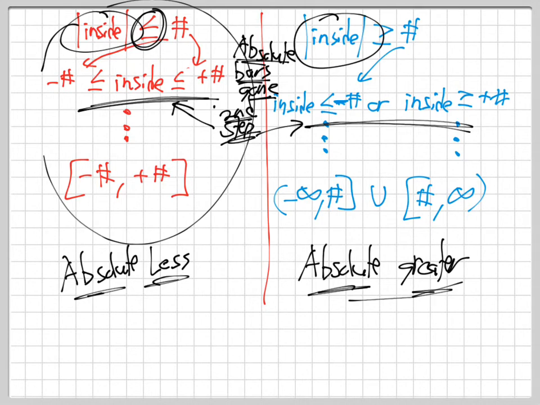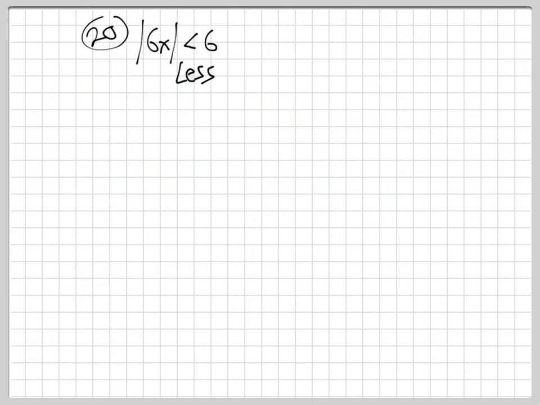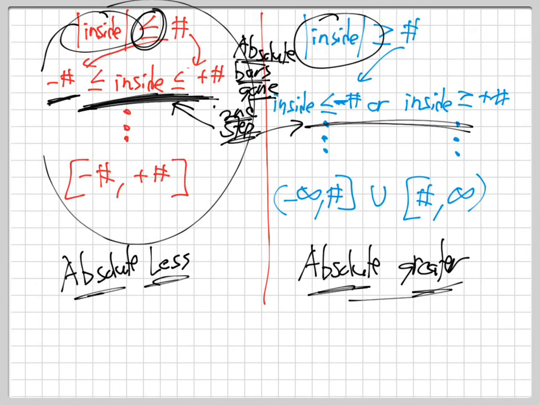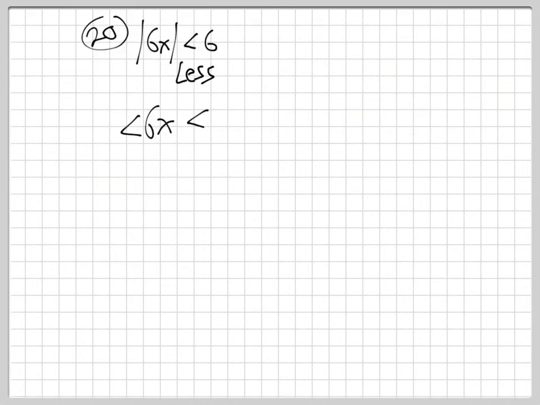So what am I going to do? I'm going to remove the absolute value bars and make a triple statement, aren't I? Right? So we do that. I say, all right, yank off the absolute values. No more absolute values. Make a triple statement. And you put the negative number on the left and the positive number on the right. So I take this over here, negative 6 and positive 6, and then I solve from there.